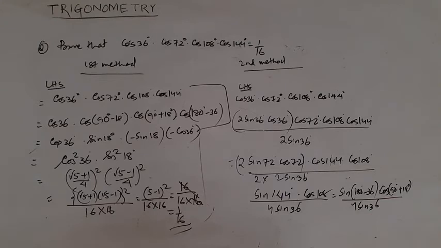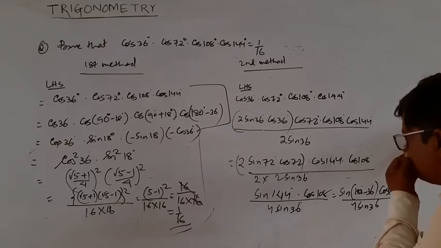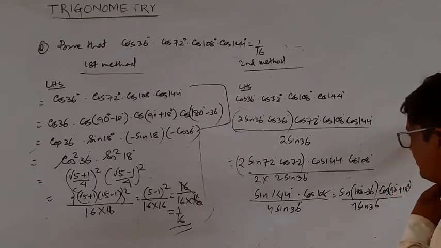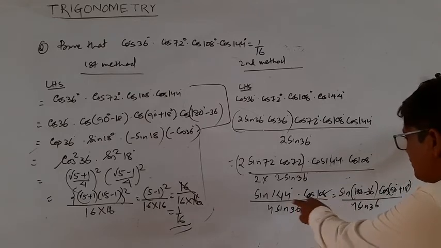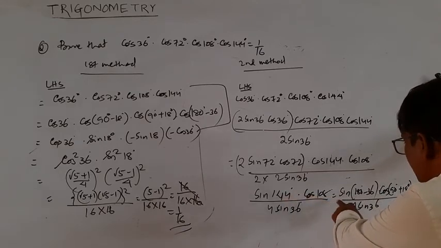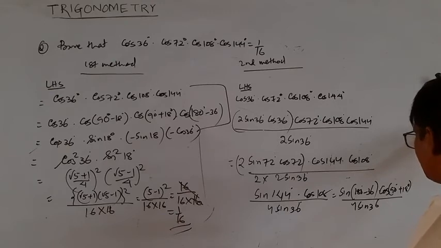Sin 144 into cos 108. 2 sin A into cos B, sin A plus B by 2, which is equal to what? Sin 36 into minus sin 18.